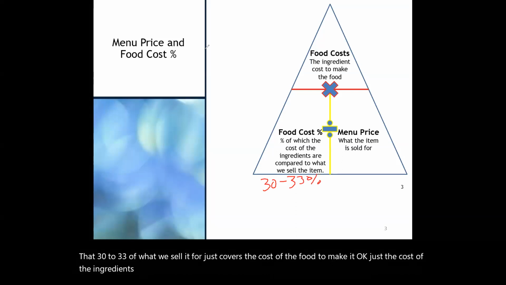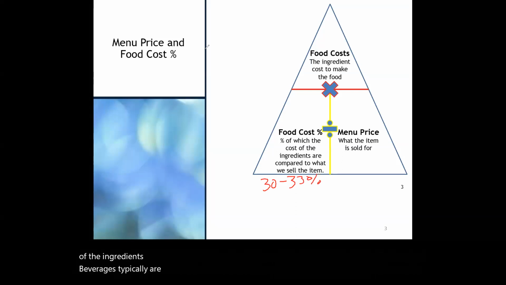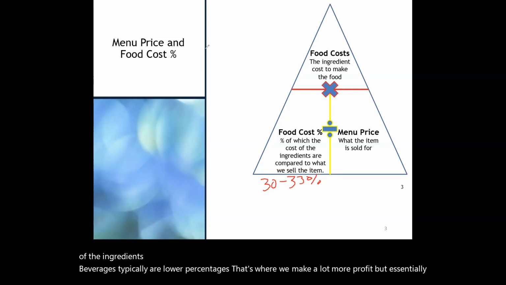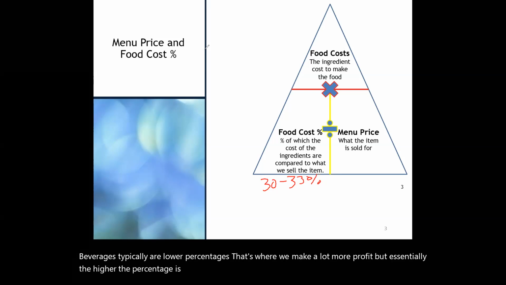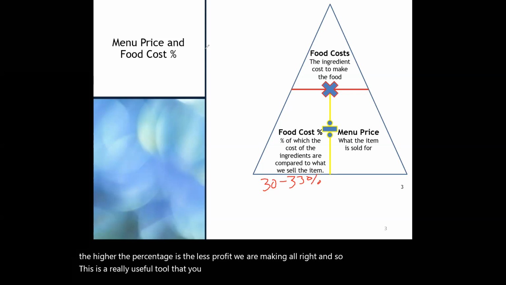Beverages typically are lower percentages. That's where we make a lot more profit. But essentially, the higher the percentage is, the less profit we are making. This is a really useful tool to help you practice calculating our food costs, the food cost percentage, and what we actually should sell it for.